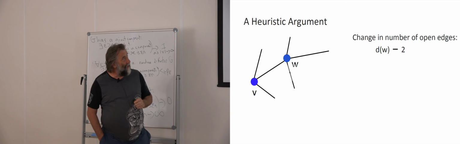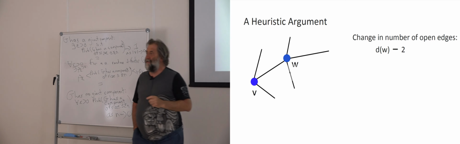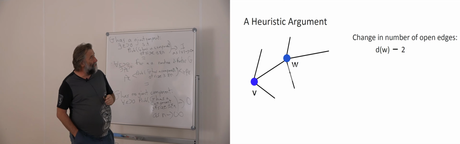And you explore one of them. You find out what the vertex w is, and now you have some more open edges to explore. And what's the change in the number of open edges? Well, you get d_w minus 1 edges, but you lost one edge out of v. So the change is the degree of w minus 2.